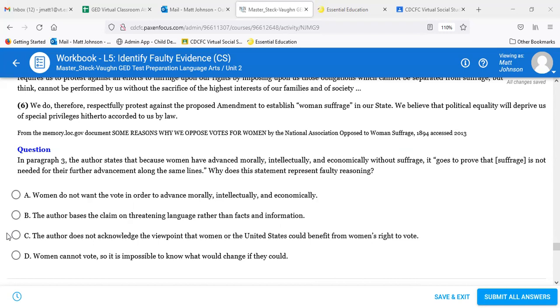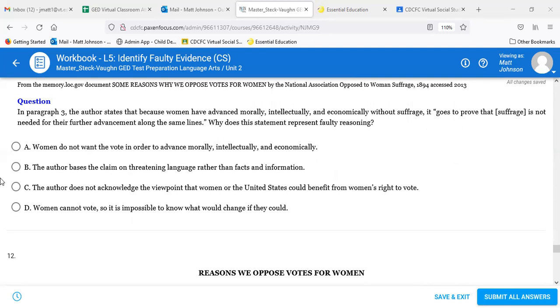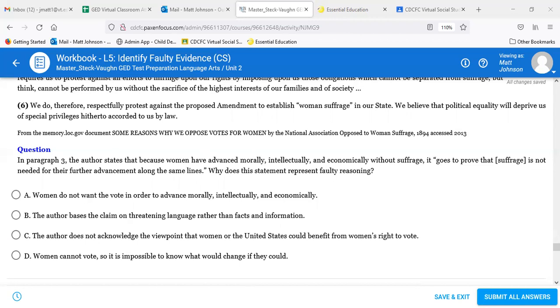A, women do not want the vote in order to advance morally, intellectually, and economically. B, the author bases the claim on threatening language rather than facts and information. C, the author does not acknowledge the viewpoint that women or the United States could benefit from women's right to vote. And D, women cannot vote, so it is impossible to know what would change if they could.